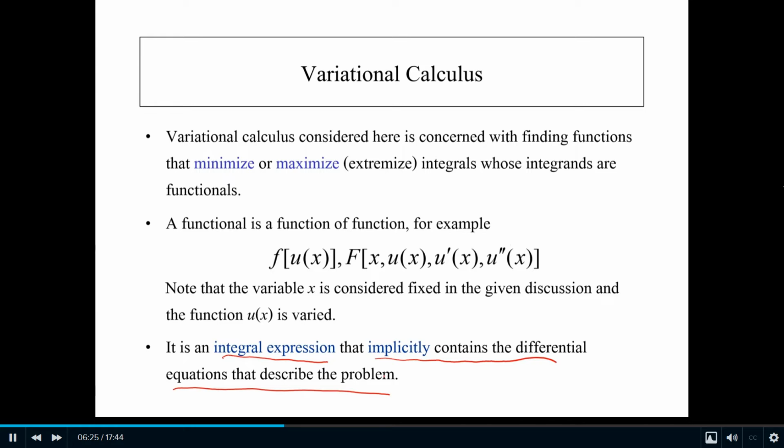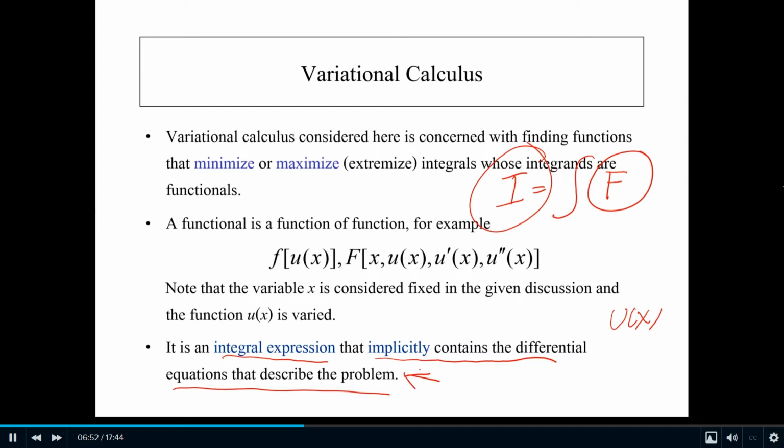So basically, if you have an integral I containing a function f like this, and in our case f is a function of u, and if you can minimize I here, what you get would be a function u that satisfies our problem.